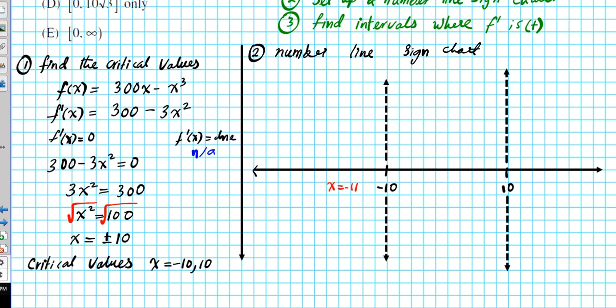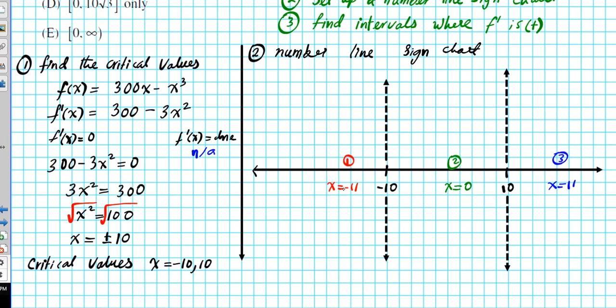And then in the second interval, we're going to pick an x value that's between negative 10 and 10. X equals 0 will be a good option because it's easy to work with. And then over here, we are going to pick x equals positive 11 for interval 3.